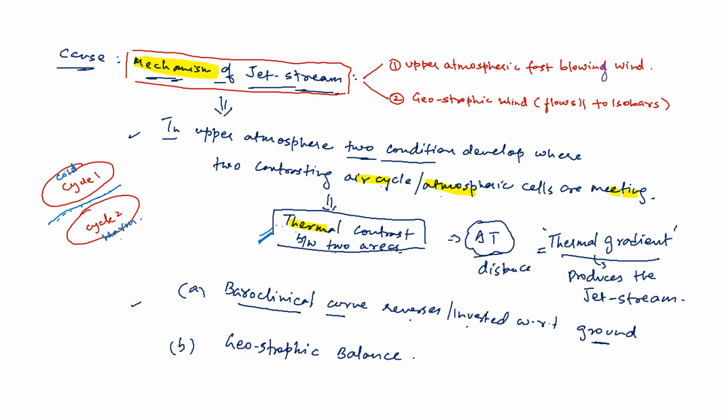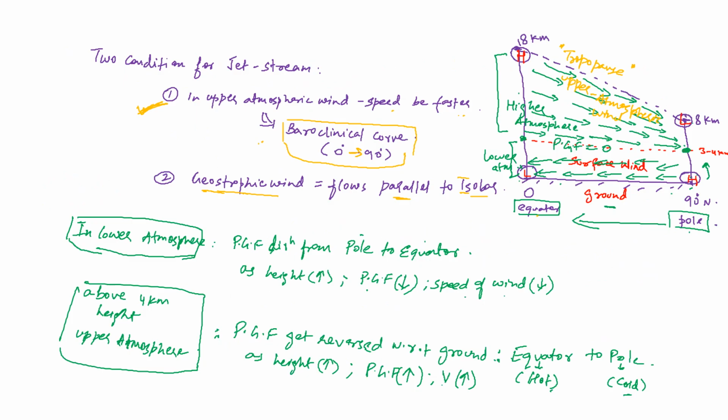So the thermal gradient and pressure gradient are responsible for the formation of jet streams. In the upper atmosphere, two conditions are satisfied. One we call baroclinic curve, which gets reversed from the ground conditions, and second, the wind becomes parallel to the isobar, obtaining a geostrophic balance. Let's go into the detail of the baroclinic curve.